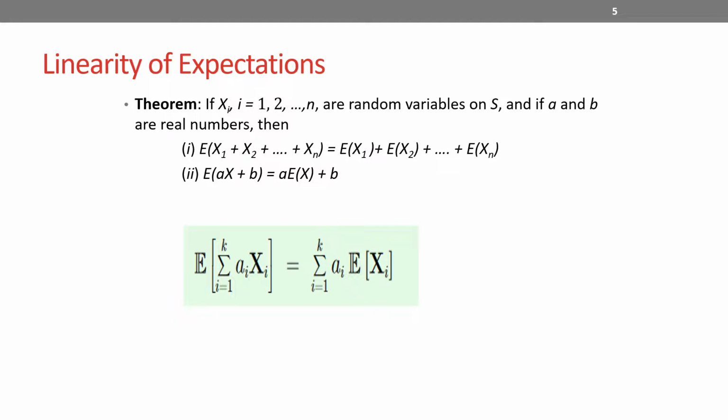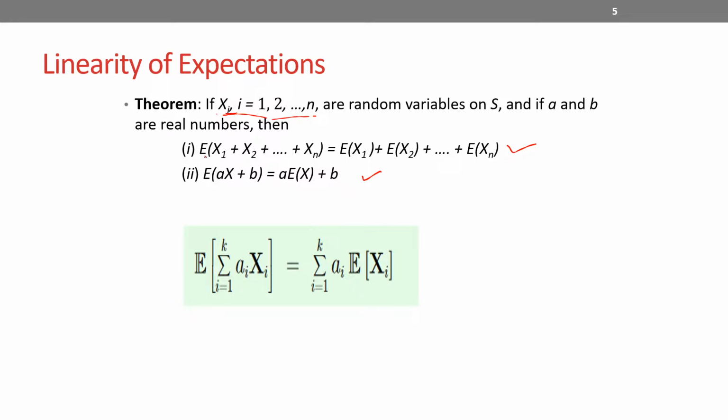So for example, as this theorem states here, if x of i, where i can take values from 1 to some n, are random variables on S, and if a and b are real numbers, then both these together make up something that's called the linearity of expectation, right?